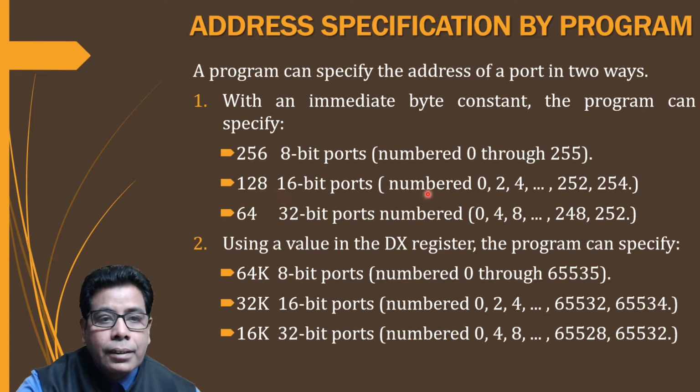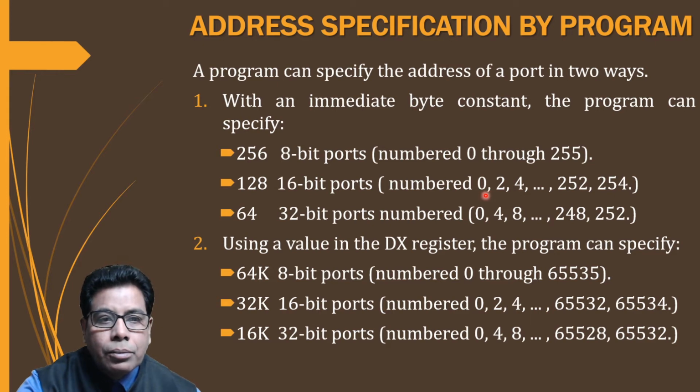Now here the 16-bit ports will be numbered 0, 2, 4, and so on. That means only even addresses will be there for the ports, because 0 and 1 will be occupied by the first port. So each port will have 2 addresses.